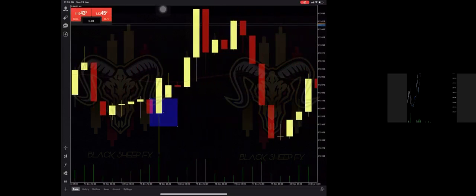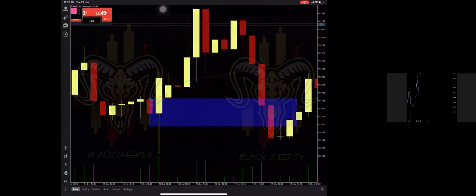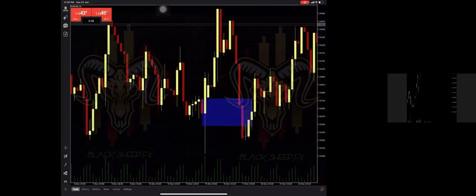As price came back inside, it broke. So let's say you were to buy over here, you'd get smacked down to the ground, and then it rejects over here. Why? Let's role play in our head.